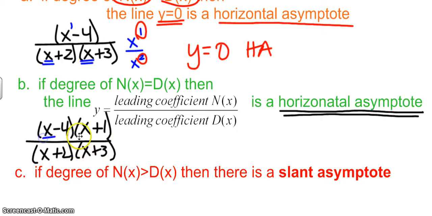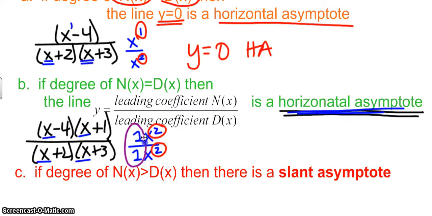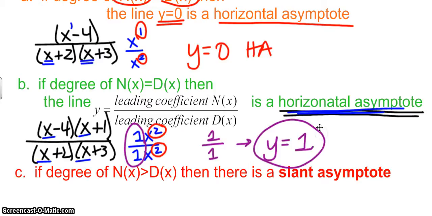Well, if you were to multiply these back together, you would get 1x squared. Multiplying these together, you would get 1x squared. And the degree of my numerator is equal to that of my denominator, in which case the horizontal asymptote is going to be equal to the leading coefficients over one another. So this will be the line y equals 1. Okay, we'll do more practice, don't worry.